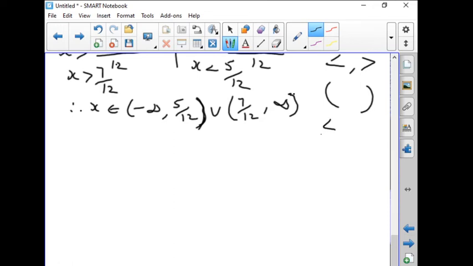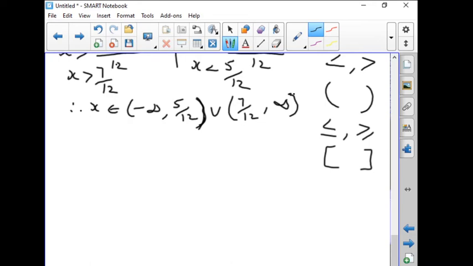And when we have less than or equal to or greater than or equal to, in this case we use this bracket, the square bracket, and we call it a closed bracket. Okay, so the first one is the open bracket and this is the closed bracket. So, this you should know.